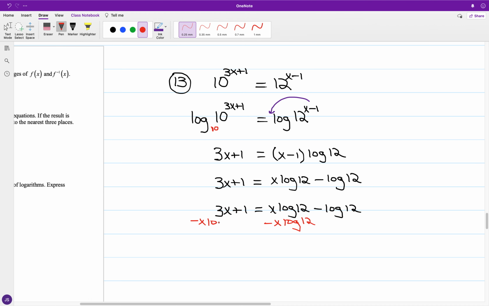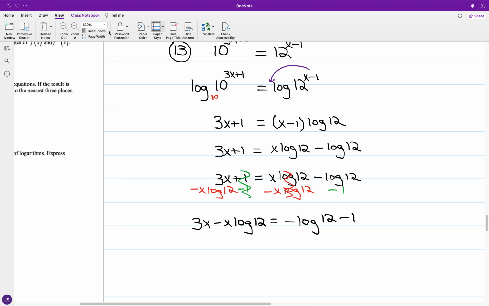Now we just have everything else on the right, so I just move the 1 over by subtracting. So in this arrangement, we have 3x minus x times the base 10 logarithm of 12 is equal to the negative of the base 10 logarithm of 12 followed by the subtraction of 1.